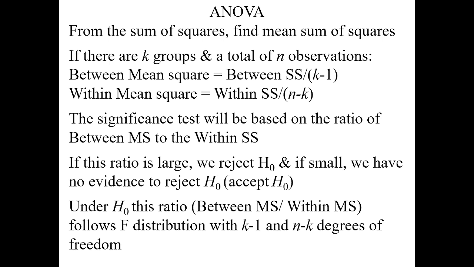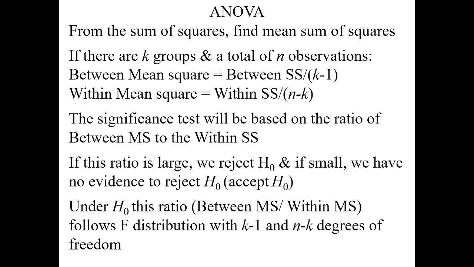The 6th one you can always get by subtracting the 5 means from the overall. That's how the degrees of freedom becomes k minus 1. And the within group mean sum of squares is the within sum of squares divided by n minus k. This is how you calculate the mean sum of squares.